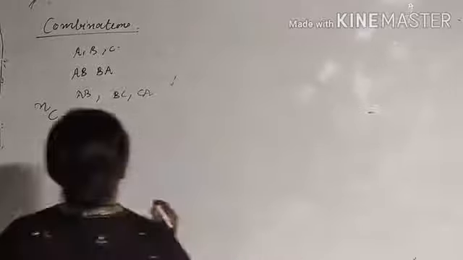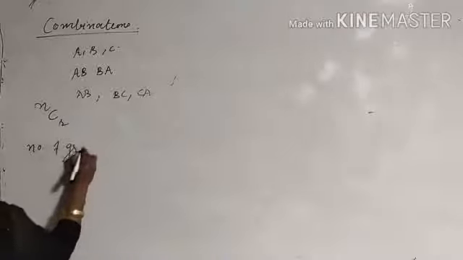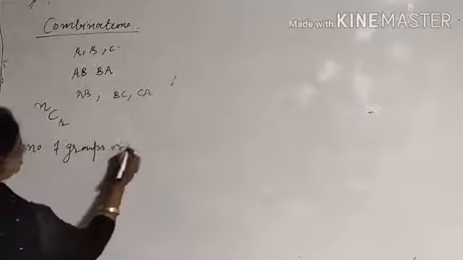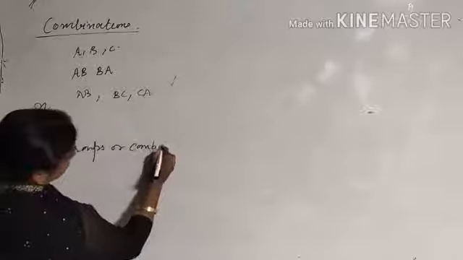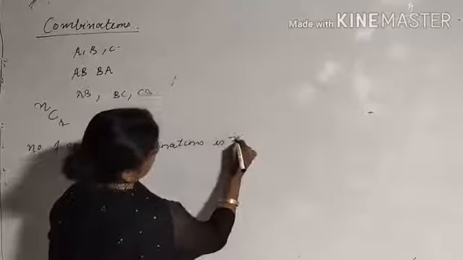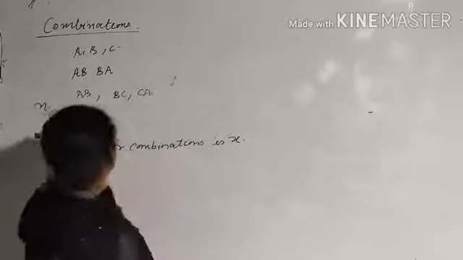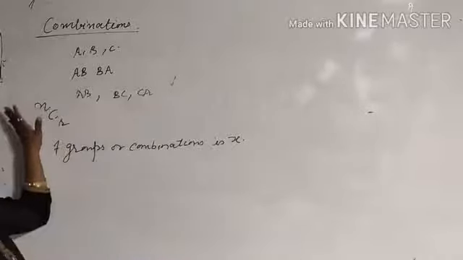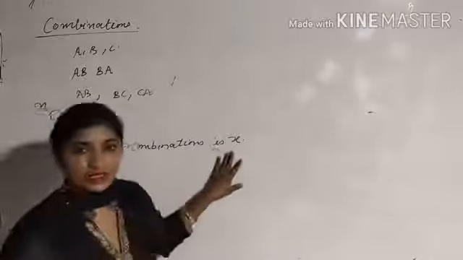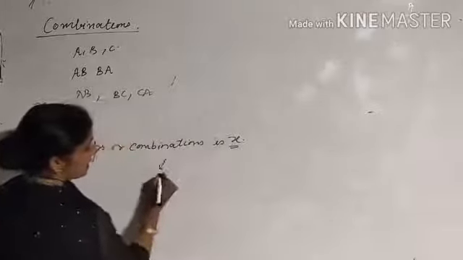Suppose the number of groups, or number of combinations, is X. Now each of these X groups contains R objects.